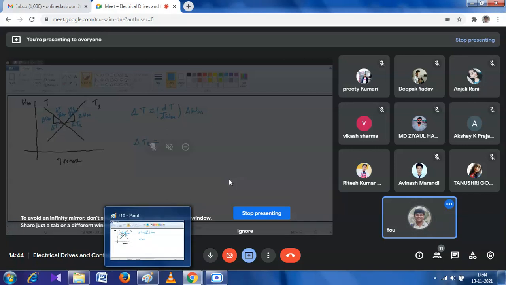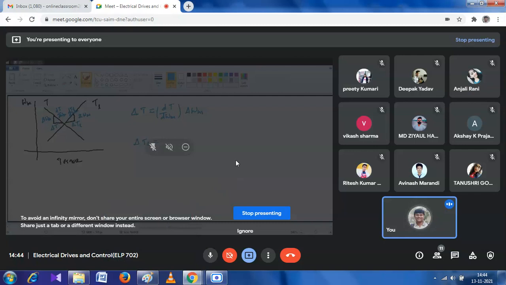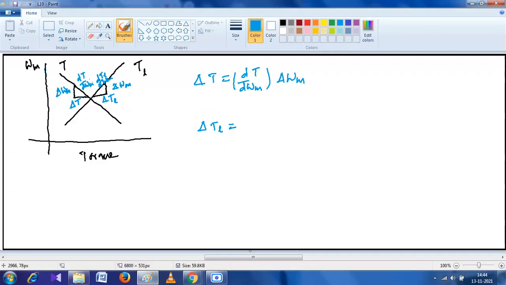So we can write delta T is equal to dT by d omega m into delta omega m in case of machine torque, or say motor torque. And in case of load torque, what do we write? dTL by d omega m into delta omega m. This should be dTL, and this del should be del omega.